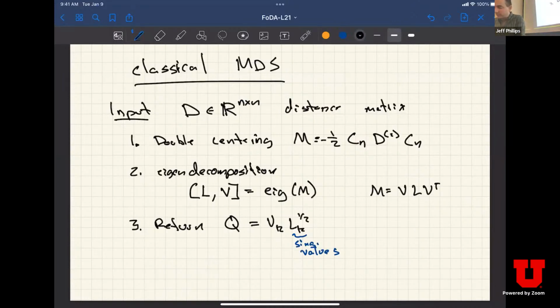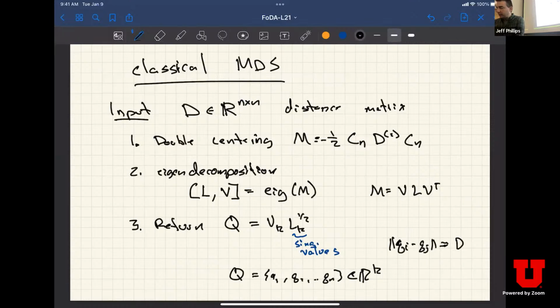And so ultimately, Q is going to be the set Q1, Q2 up to Qn. These are going to be in R^K. And I'm going to have that the distance between Qi and Qj is going to be approximately Dij in the inputs.